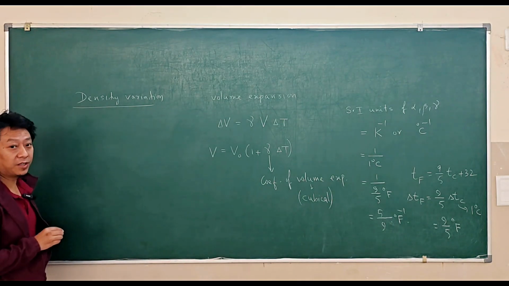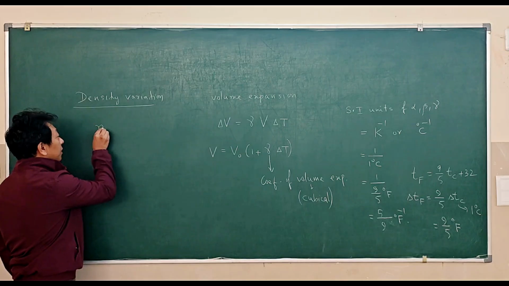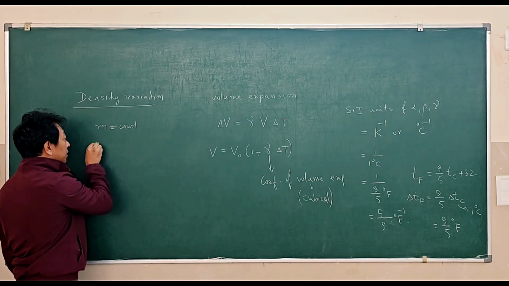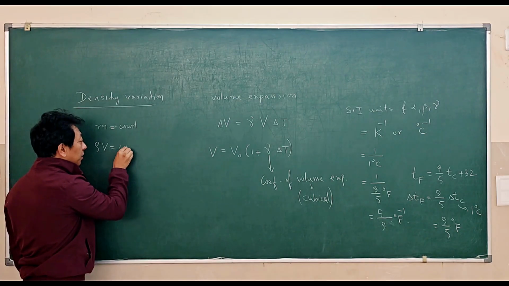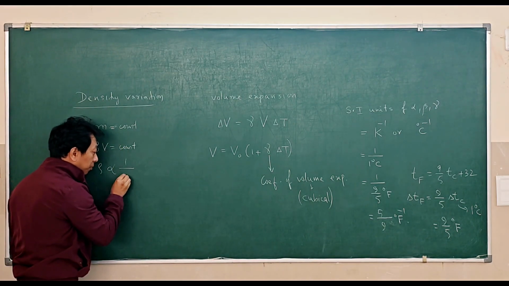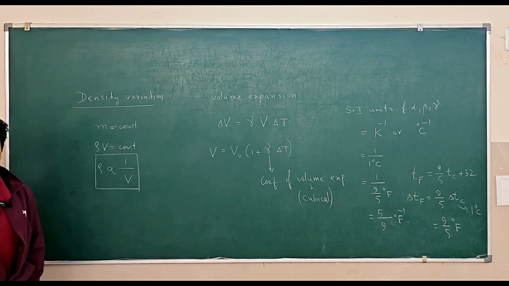So density variation, how to discuss? Since mass remains constant during heating, it means density into volume should remain constant. That means density and volume should be what? Inversely proportional.